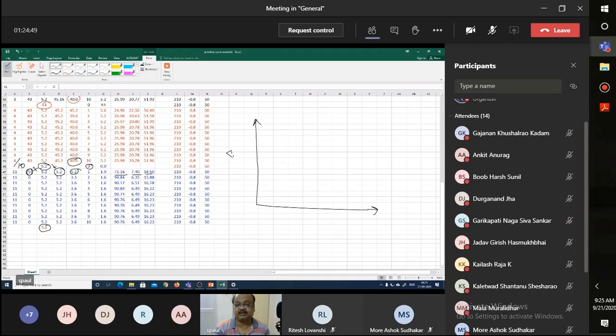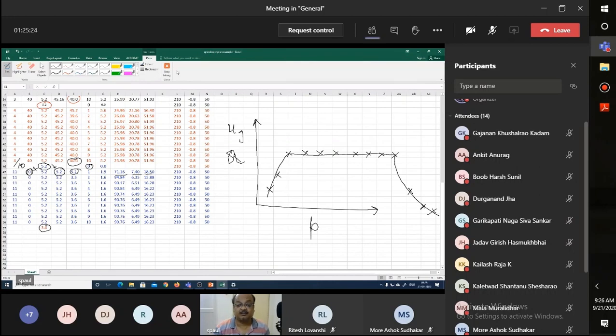This is A. This is P. So gradually your actual downfeed would increase. It will remain stable and it will fall. What will happen to UG?